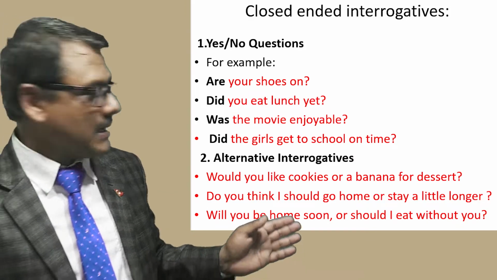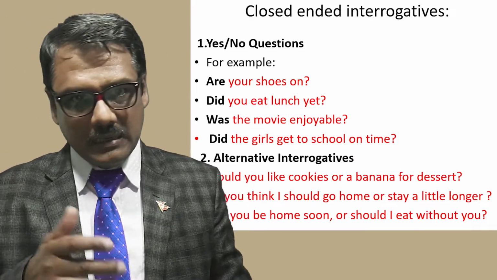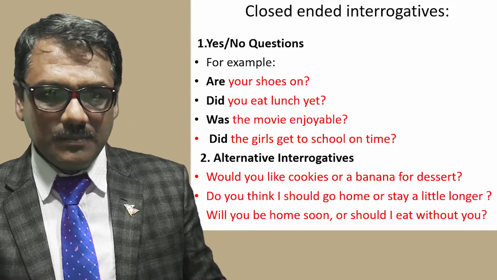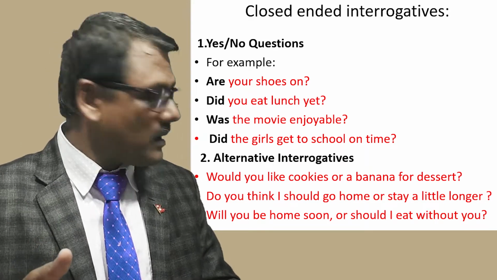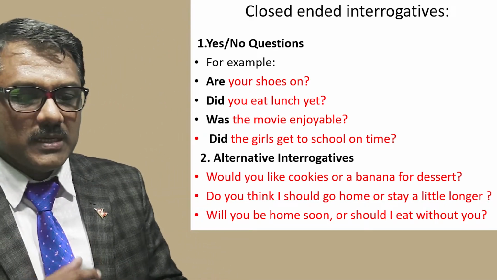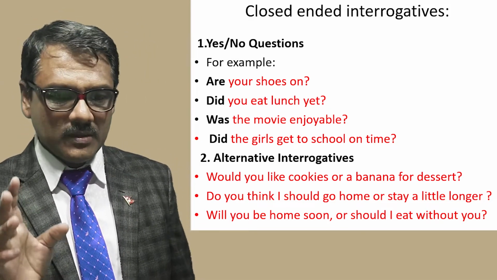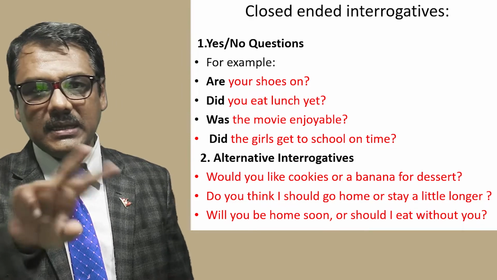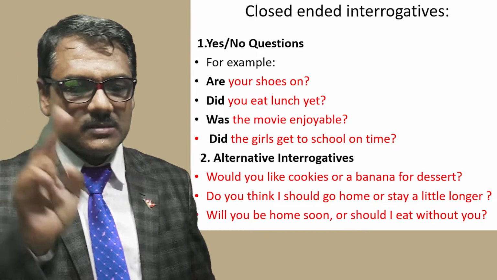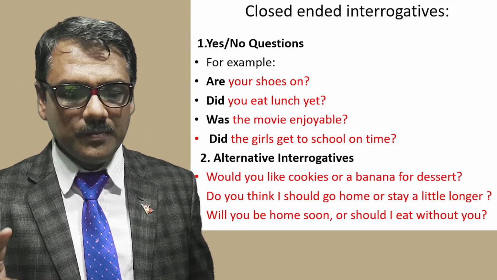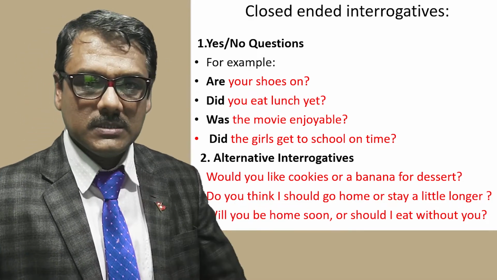And another type is alternative questions. They are very much similar to yes/no questions, right? But there is the choice of alternation. For example, would you like a cookie or banana for dessert? There is the choice of two things, cookie or banana. Similarly, do you think I should go home or stay a little longer?